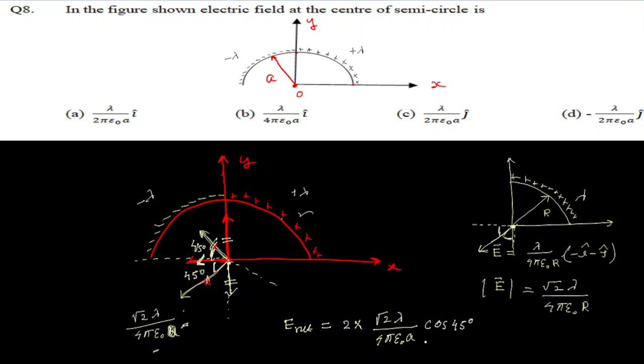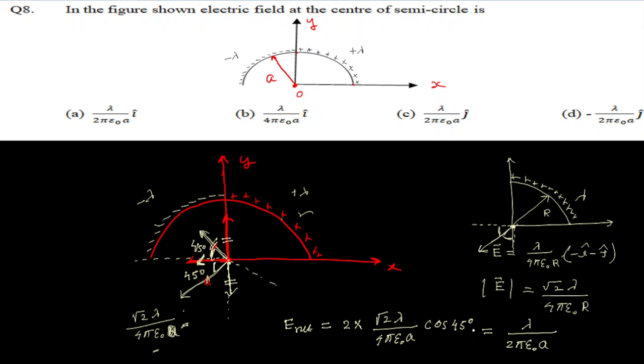Now cos 45 is 1 by root 2, so root 2 will cancel out and 2 will cancel out. We get lambda divided by 2 pi epsilon naught a.